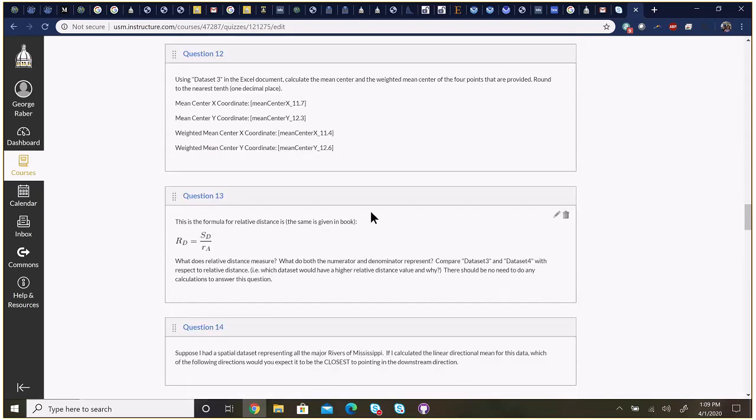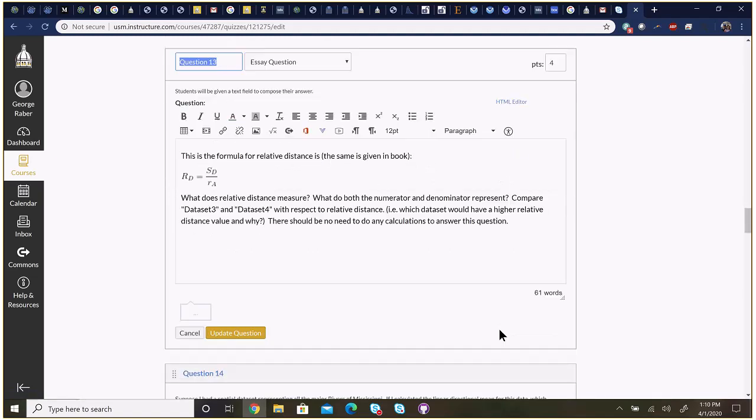I do want to note this one right here, question 13, was one that could maybe be considered a trick question. What is the relative distance measure? Compare data set 3 and data set 4 with respect to the relative distance.